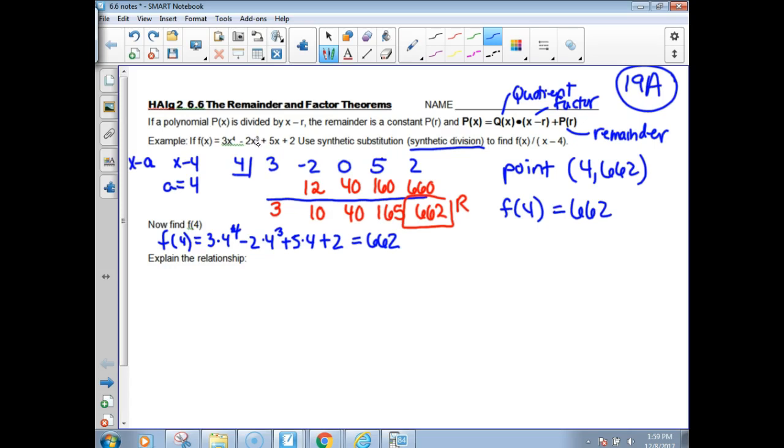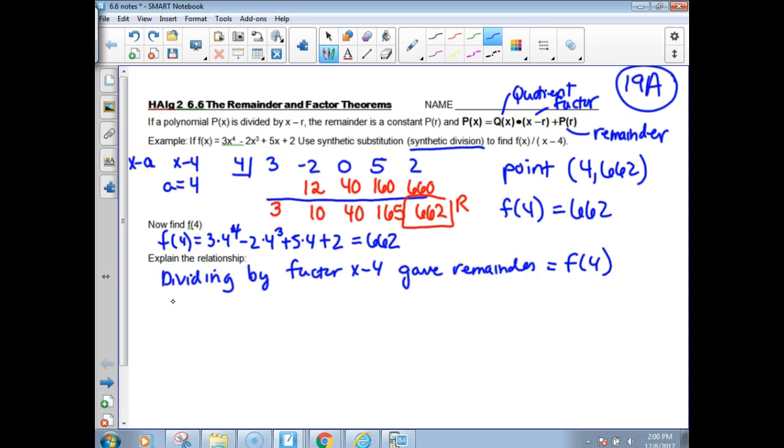Okay, now what have we discovered? That dividing by the factor x minus 4 gave a remainder which equals the f of 4.